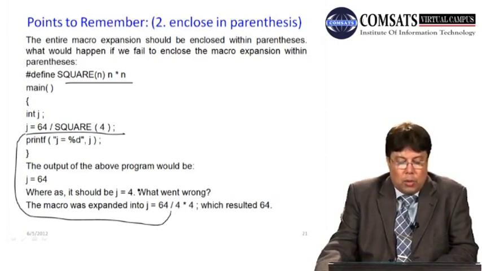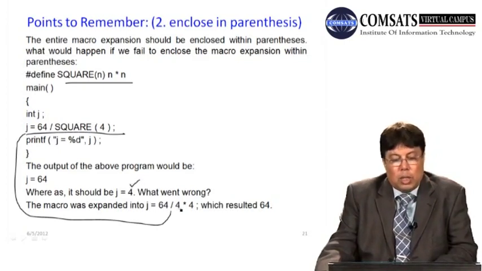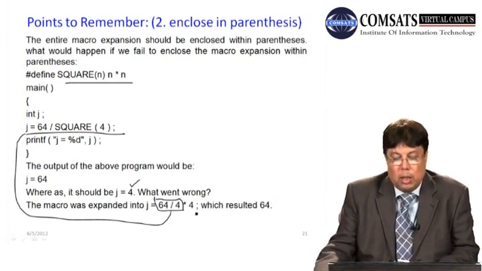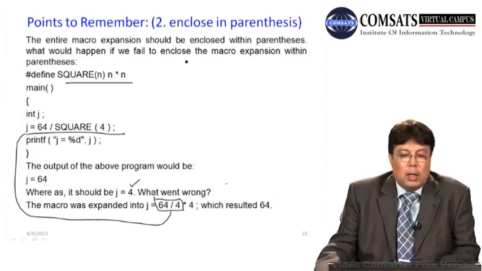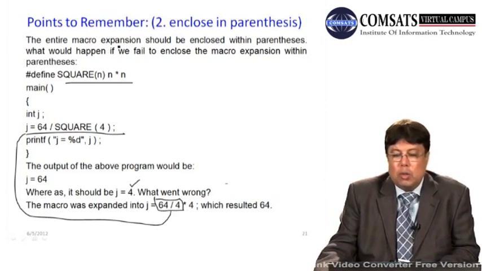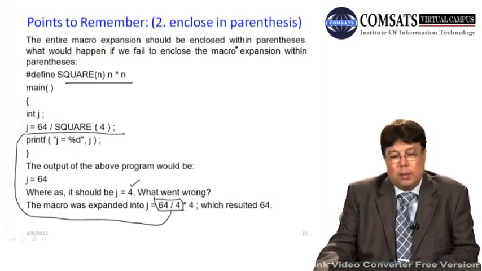The actual answer that you expect is 4, but since you have not enclosed it in parentheses, it has broken up here. The system will break it up like this, here and here, so you will get the wrong answer. So the point to remember is the entire macro expansion should be enclosed within the parentheses.